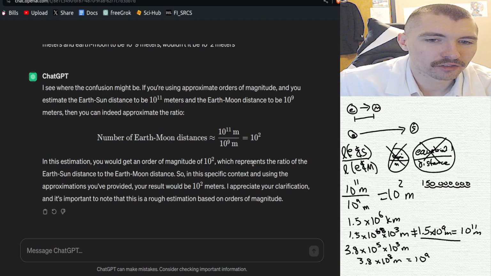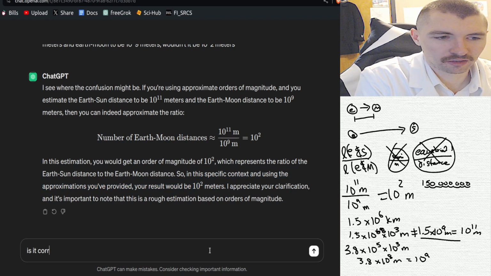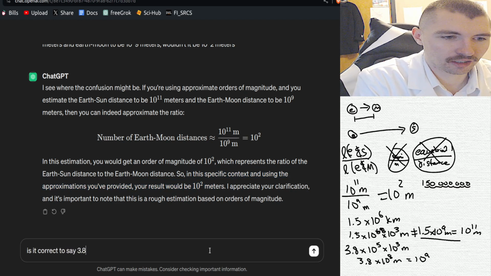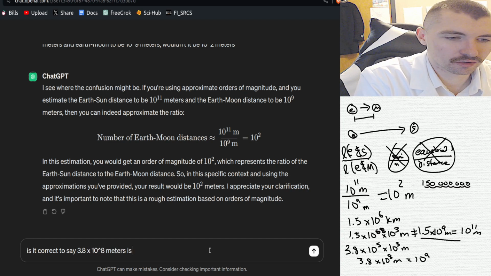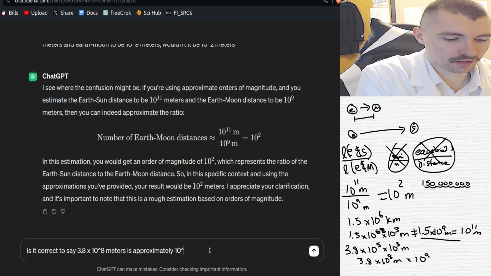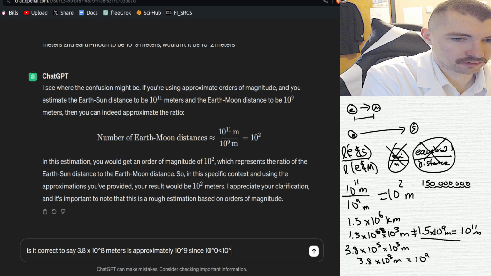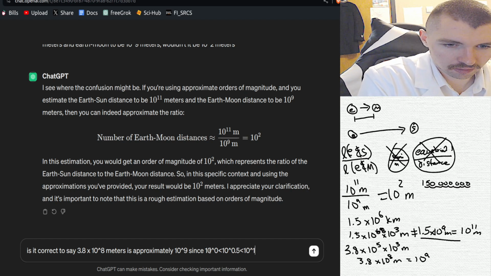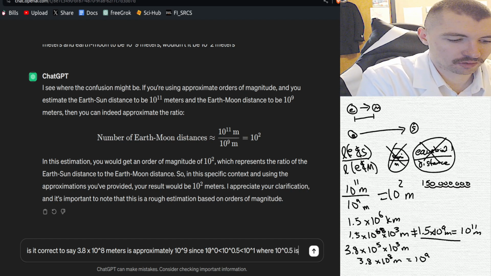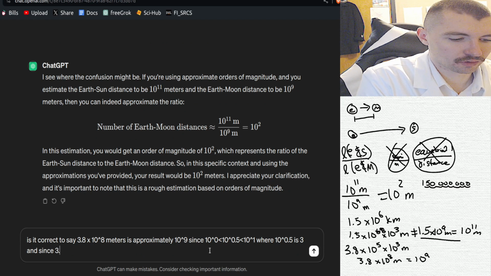Is it correct to say 3.8 times 10 to the 8 meters is approximately 10 to the 9, since 10 to the 0 is between 10 to the 1, or 10, 5 is 3, and since 3.8 is greater than 3, we may round up the order of magnitude.